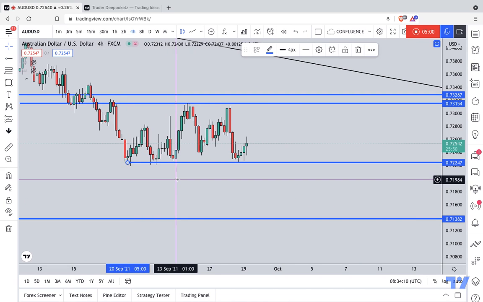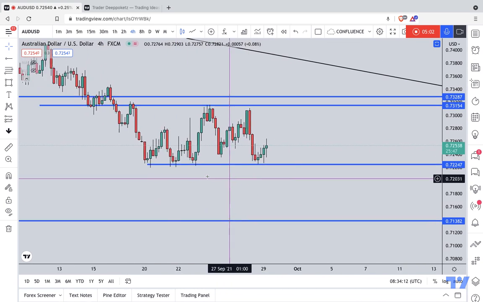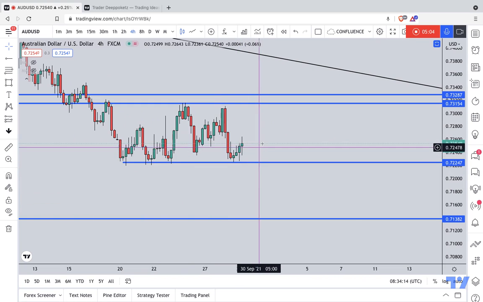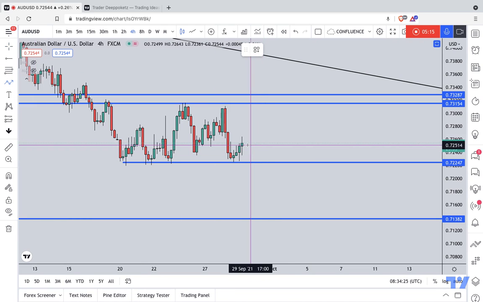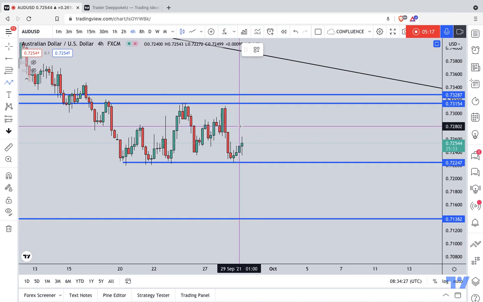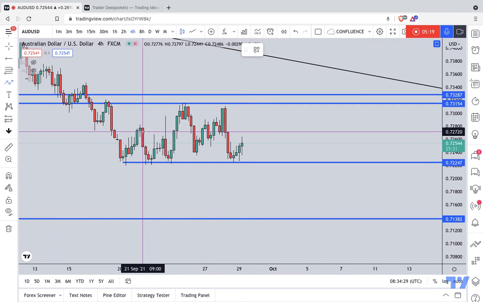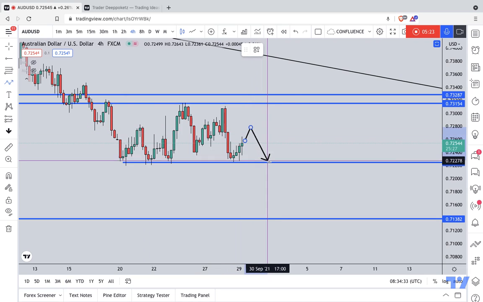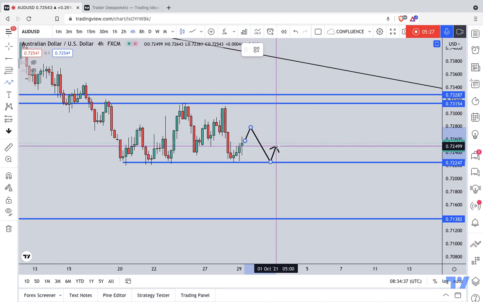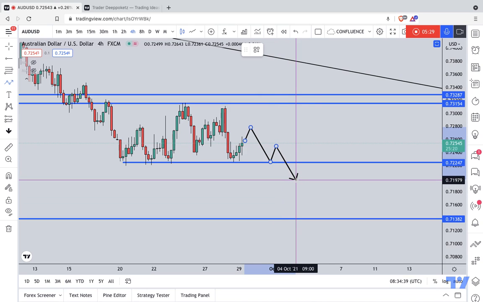Although I have to say the Australian dollar is actually holding up quite strongly because the other currencies are actually falling against the dollar. So if we can have the Aussie break this minor floor here on the 4-hourly chart, maybe from this resistance here form something like this, and then like this.